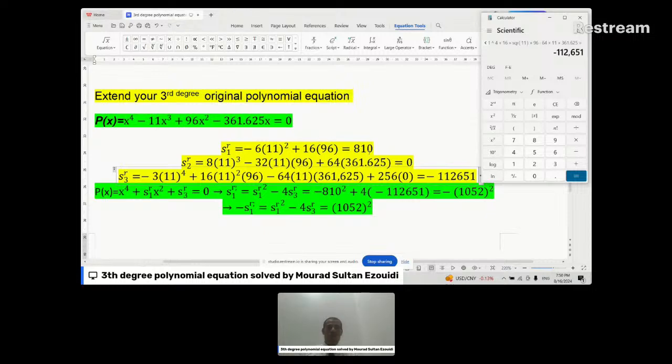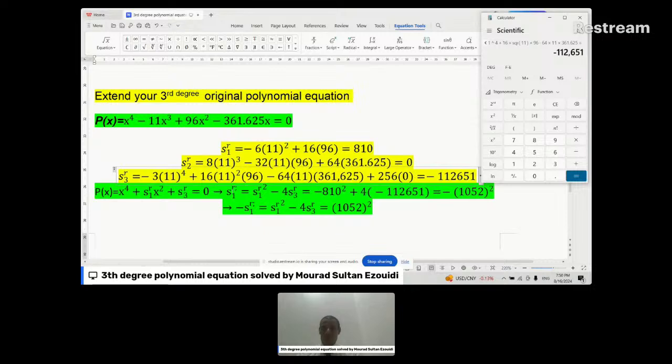We have S1 different from 0 and S3 different from 0. So it is like you are working with a second degree equation, but after putting u equal x squared. Now, learners, we have p of x equal x cubed plus S1 x squared plus S3 equals 0.